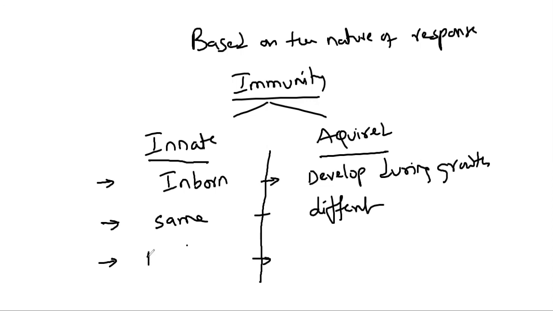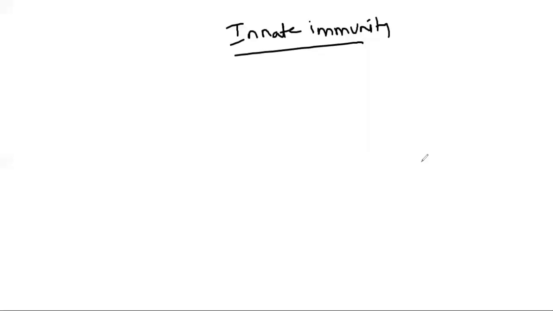It does not provide immunological memory. Memory is absent, but it has a memory. Once the antigen enters the body, it can recognize it. If the same antigen enters the body a second time, it can easily recognize the same antigen. That is the difference between innate and acquired.